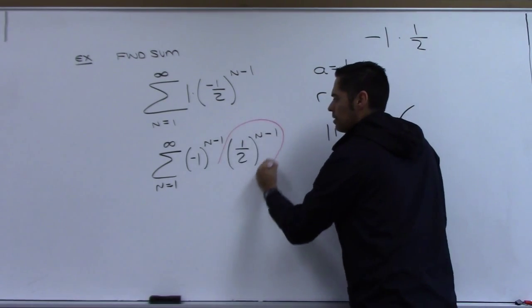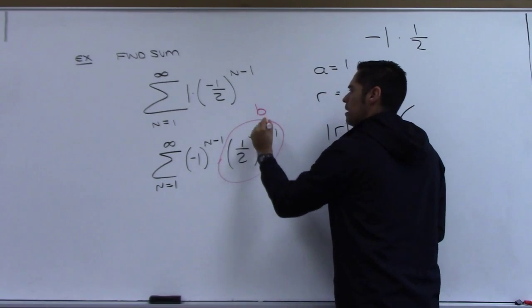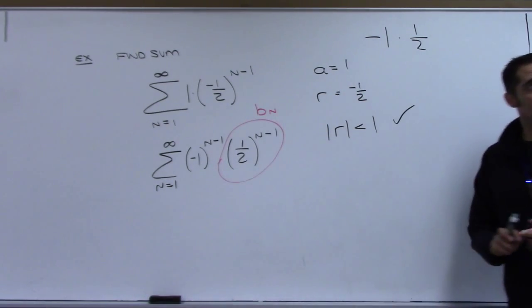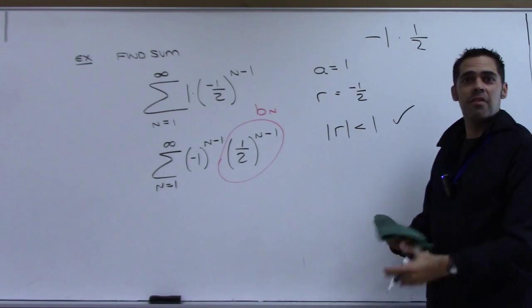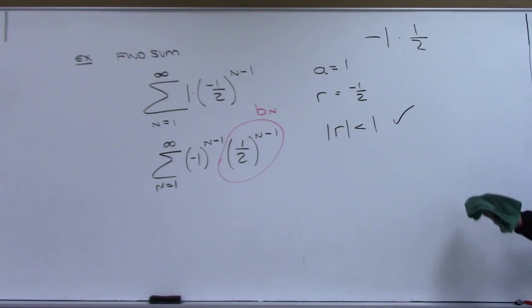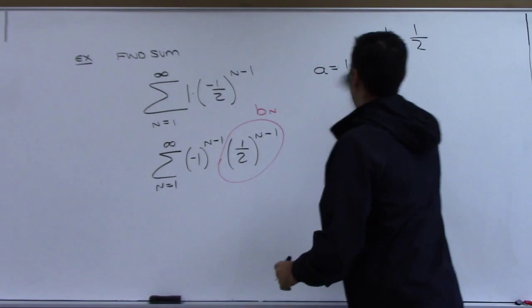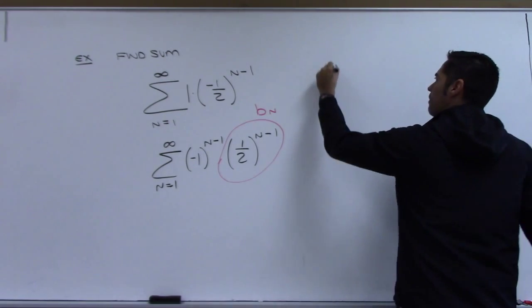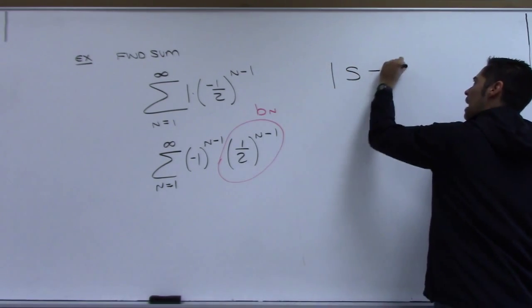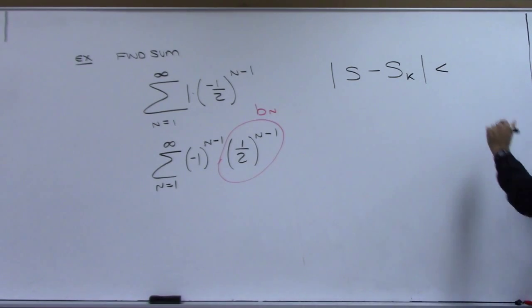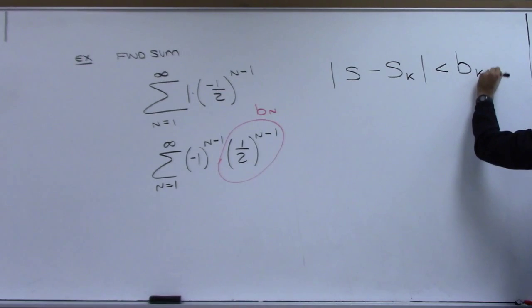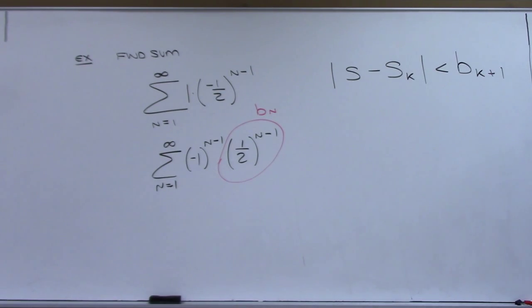This piece is B sub n. Y'all agree with that part? What does the alternating series estimation theorem tell us? That the difference between the sum and S sub k should be less than B sub k plus 1, right? That's what it says.